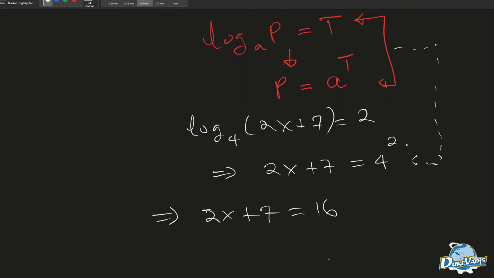Then we subtract from both sides of the equation. So we have 2x plus 7 equals 16.